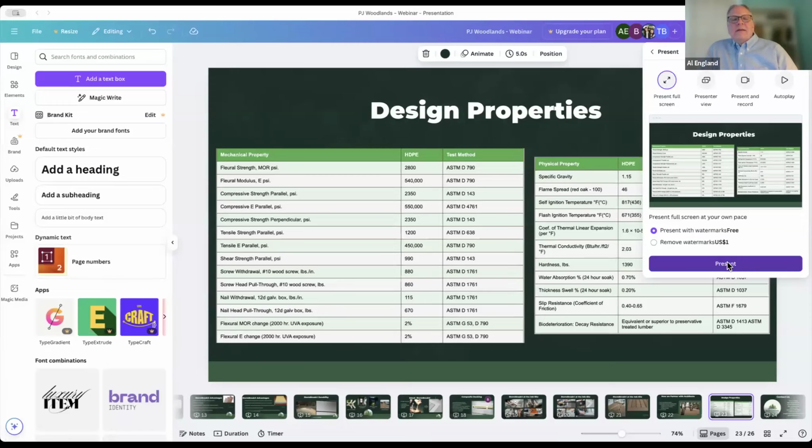The value proposition of this product is still high design properties, but the durability and the dimensional stability are really where we are bringing value.